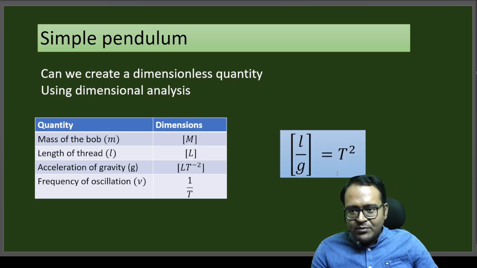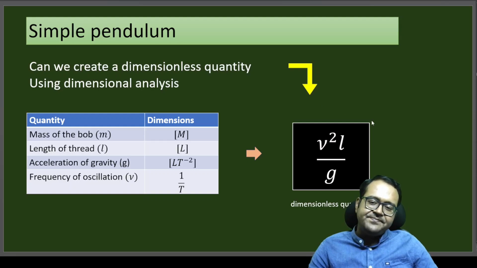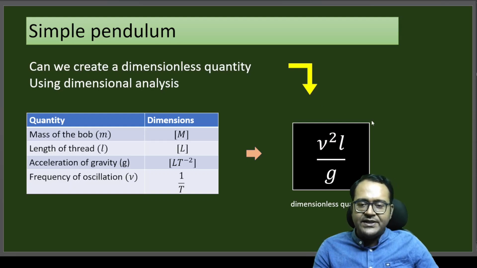That G is below. Okay, so L by G is t square, and frequency of oscillation is 1 by t square. So the dimension of nu square multiplied by the dimension of L divided by the dimension of G is a dimensionless quantity. This nu square L by G is a dimensionless quantity. So you have created a dimensionless quantity using these things.